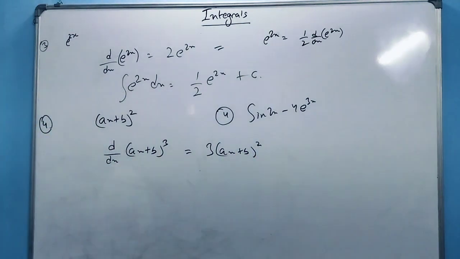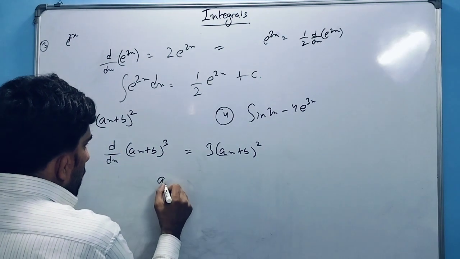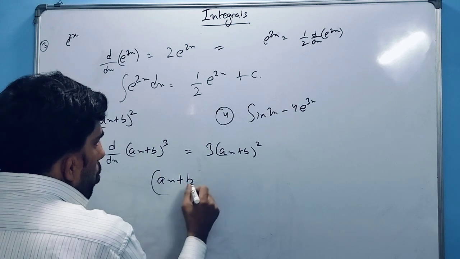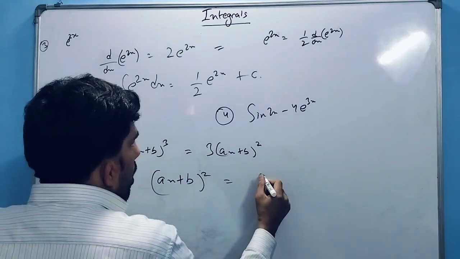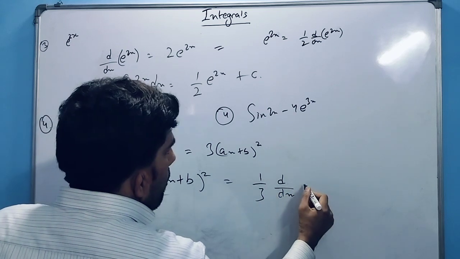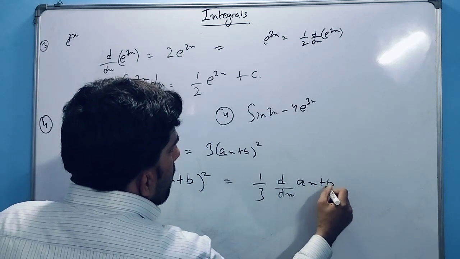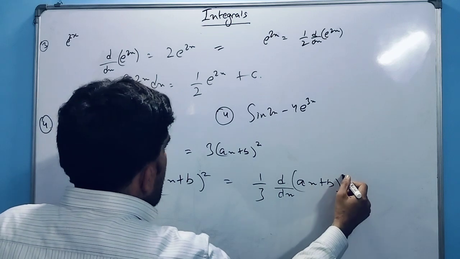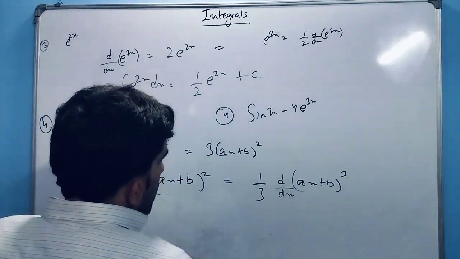So (ax plus b) whole square is equal to 1 by 3a of d/dx of (ax plus b) cube.